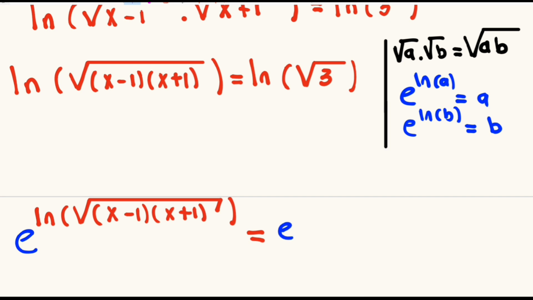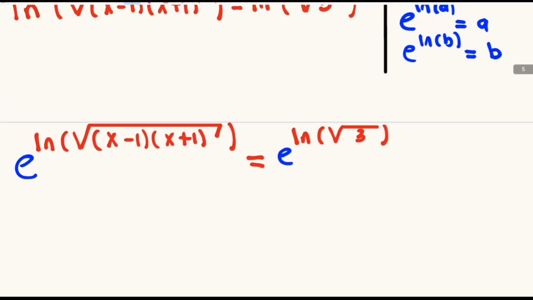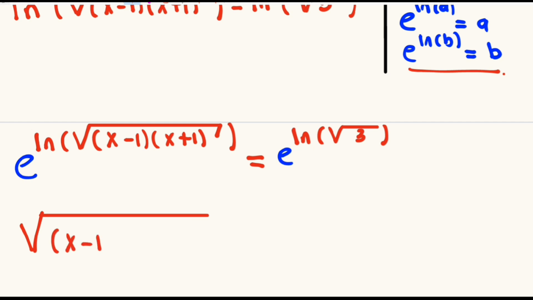So we have e raised to the power the ln of the square root of 3, and by virtue of that law, this will be equal to the square root of x minus 1 multiplied by x plus 1, which will be equal to the square root of 3.